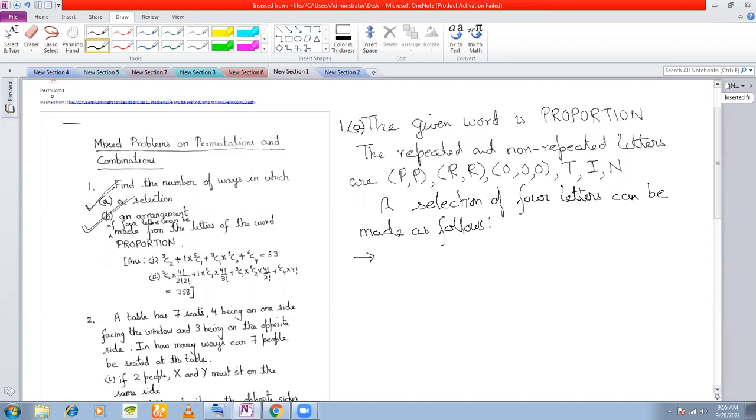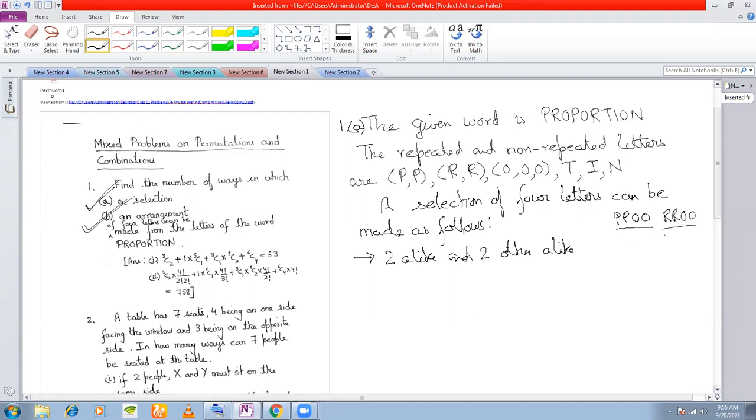First one, you can have two alike and two others alike. Just like you can have PP, OO, or you can have RR, OO. This way you can have arrangements like these, two alike and two others alike.